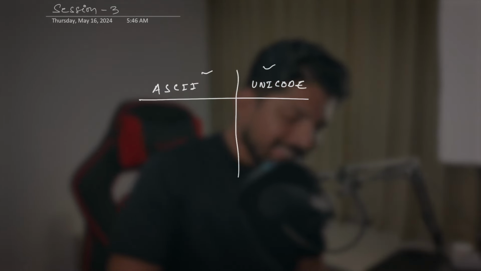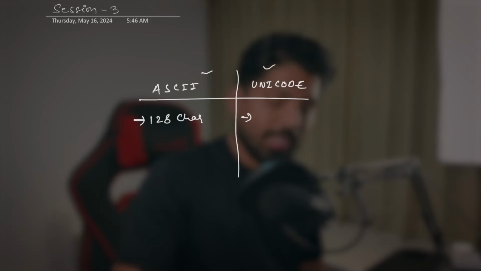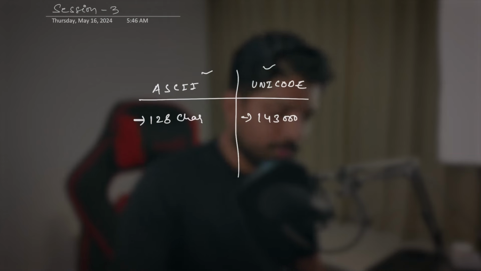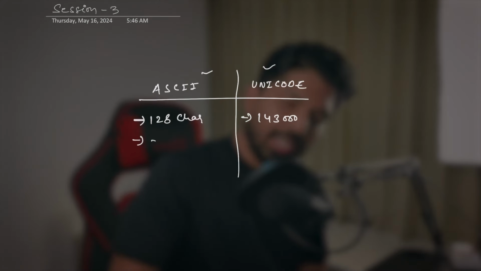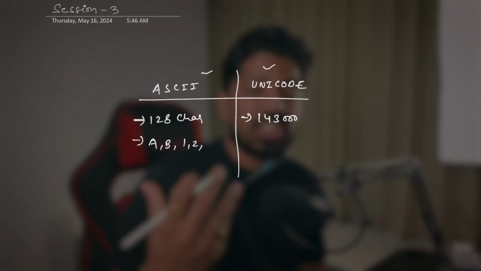ASCII standards can hold only up to 128 characters, whereas Unicode can hold a significantly larger number of characters, which is 143,000. ASCII standards are limited to English alphabets and digits and some control and special characters.